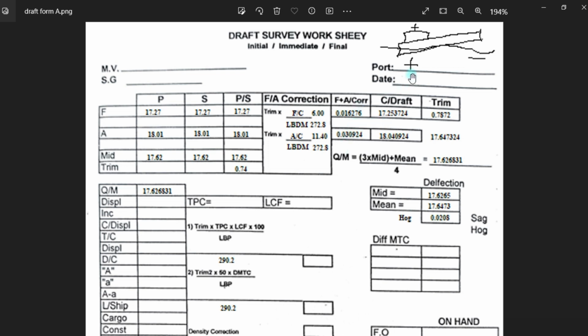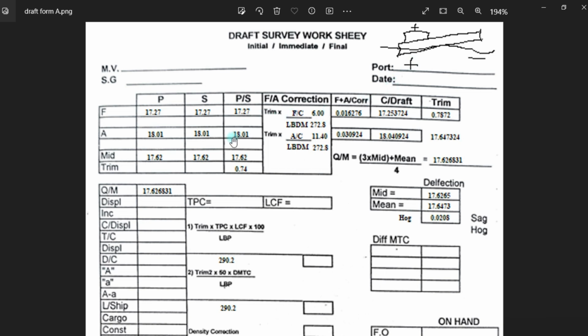Since you are trimmed by the stern, forward will be negative. So with this drop forward, 17.27 minus this forward correction of 0.016276, corrected drop will be 17.253724 forward. And your up correction would be positive.